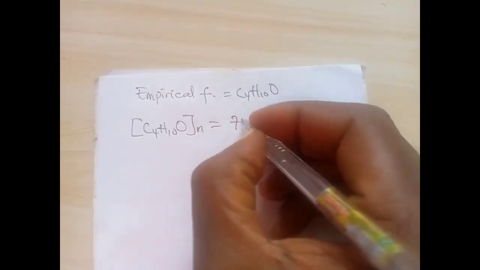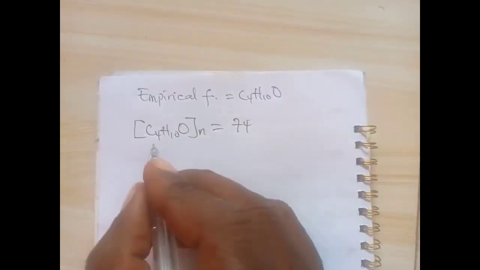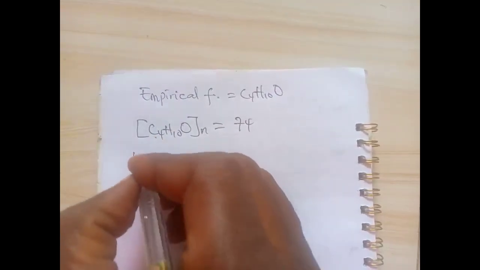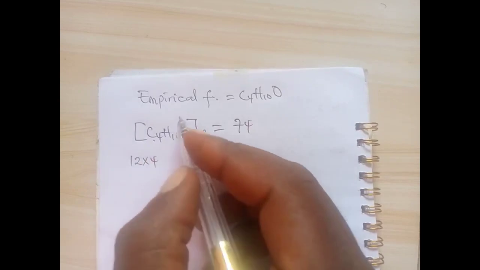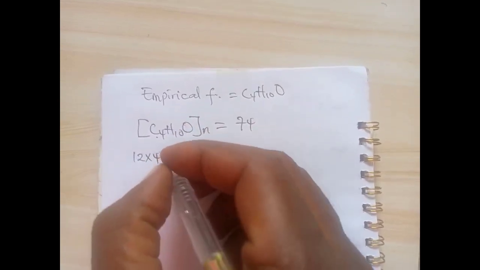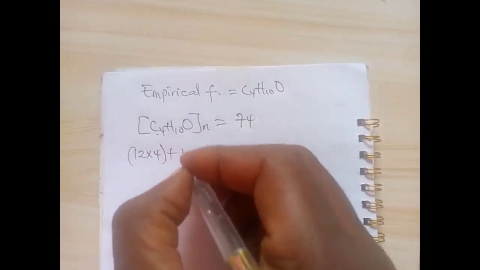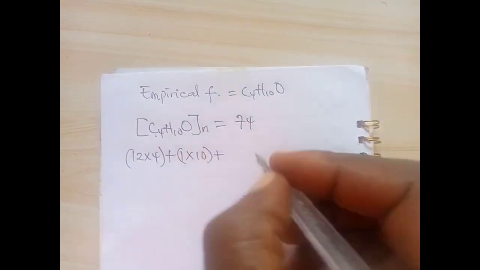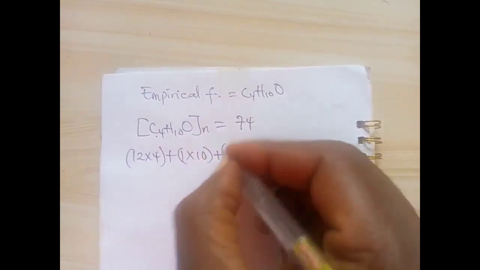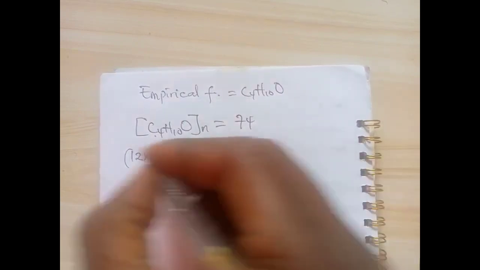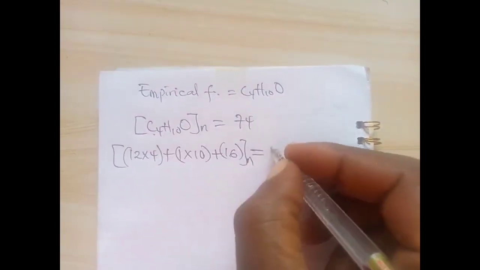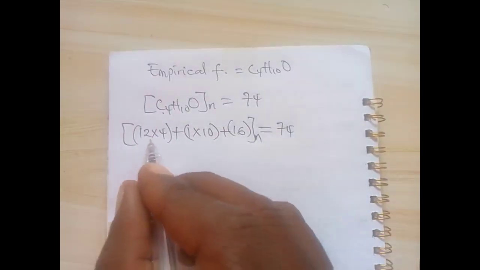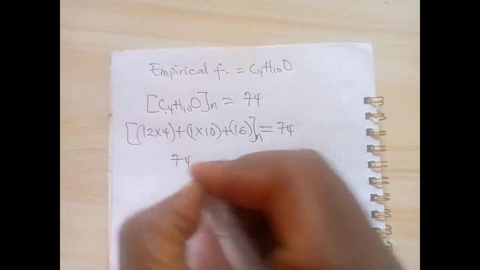So it's equal to 74. What it means is that the molar mass of this is 12 times 4, plus 1 times 10, plus 16 times 1, which is equal to 74.